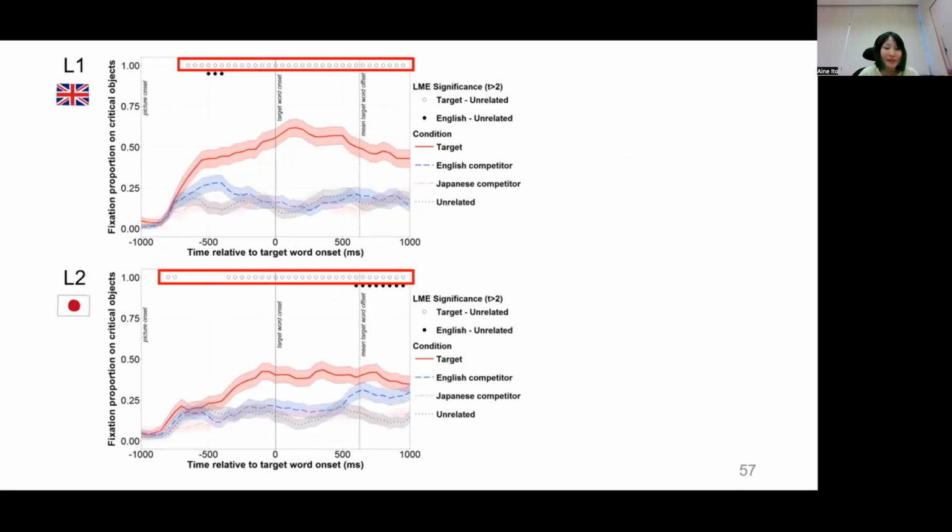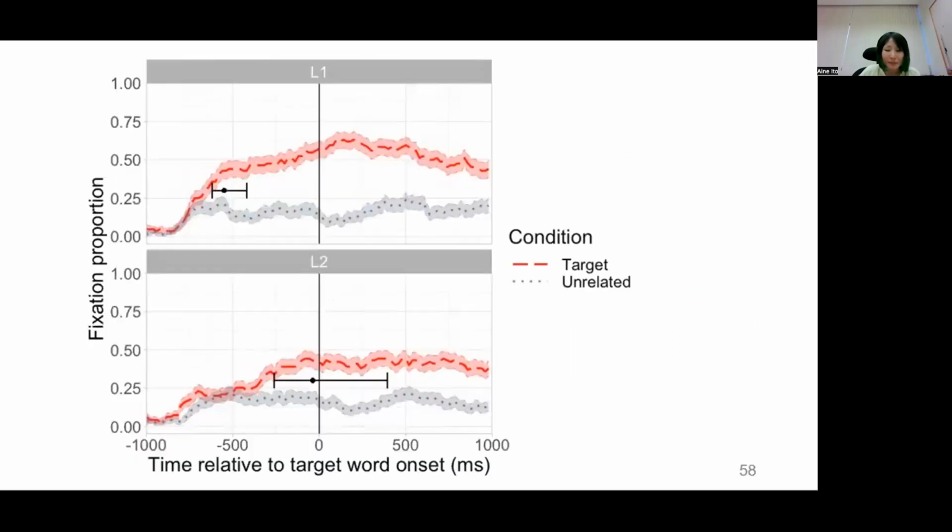And if we run the divergence point analysis on these data sets, we get something like this. So this is showing the mean divergence point for L1 speakers and the confidence interval. Right? And the same for L2 speakers. The confidence interval is much larger, presumably because the L2 speakers' data had more variability compared to L1 speakers' data.